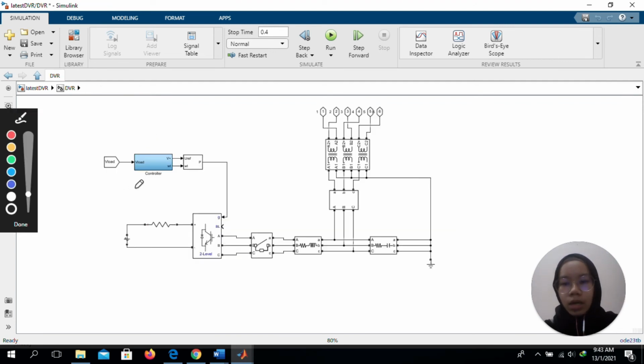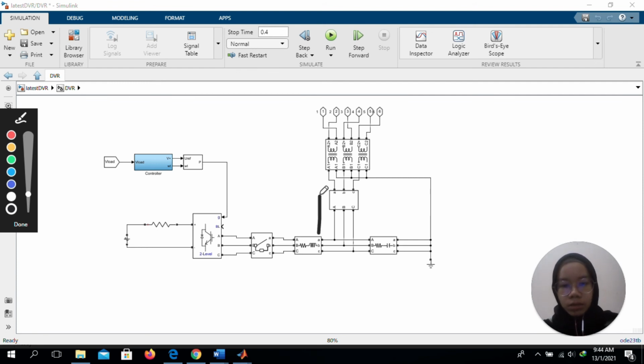The voltage from this controller enters the PWM inverter, which is used to convert the DC source to the AC voltage. This is the IGBT inverter. The AC voltage then goes to the RL and RC filter, which reduces any sag in the voltage.